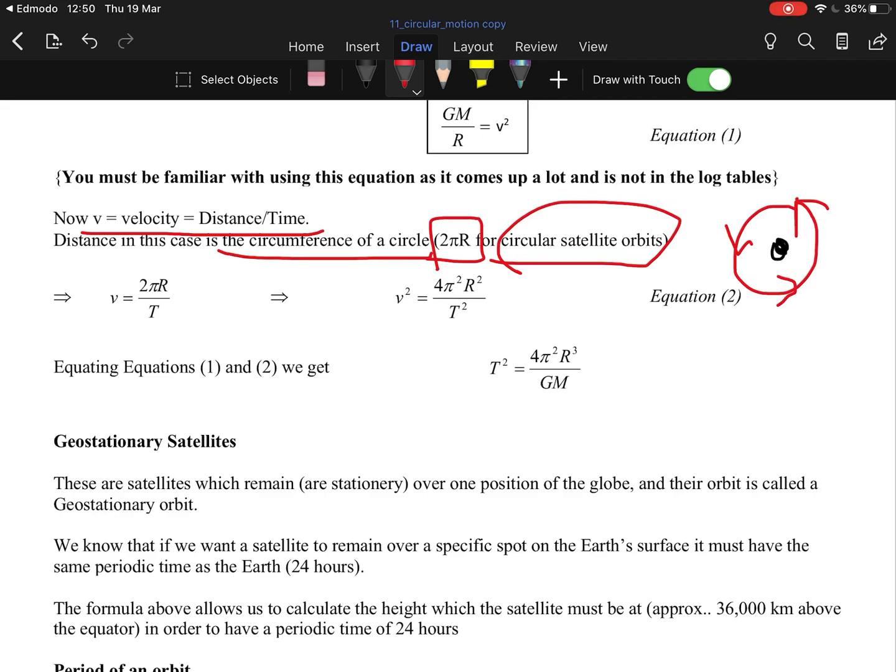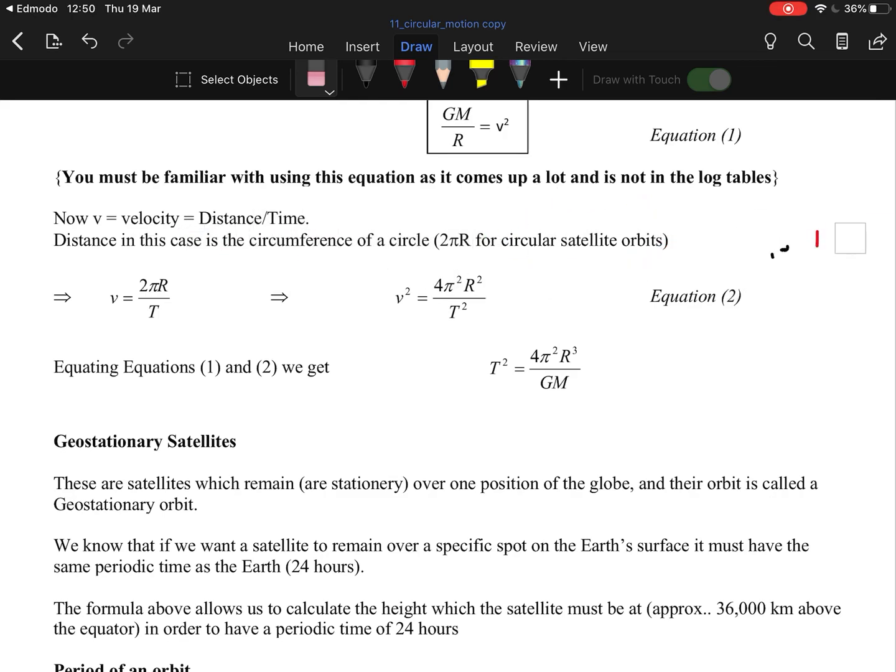So anything that moves in a circle, the distance is the circumference of the circle. Do you understand? So velocity is equal to distance over time, s over t. The distance, in this case, is the circumference of a circle, which is 2 pi r. So v equals 2 pi r over t.